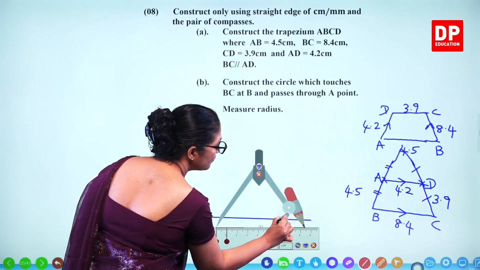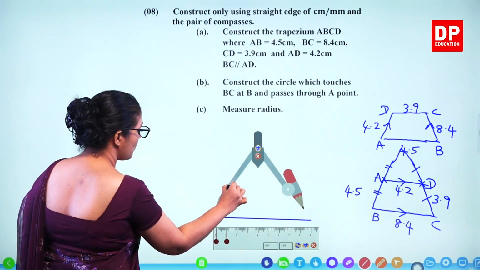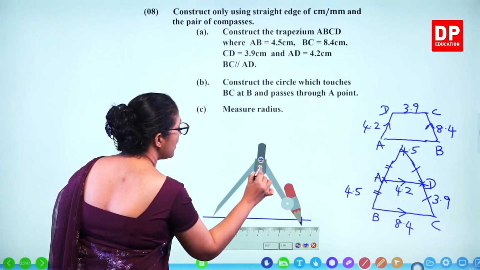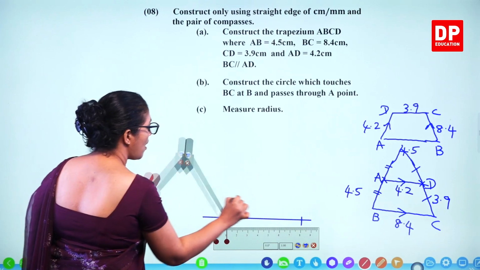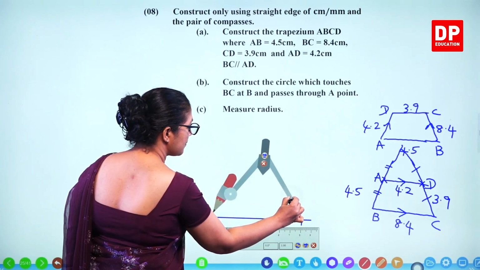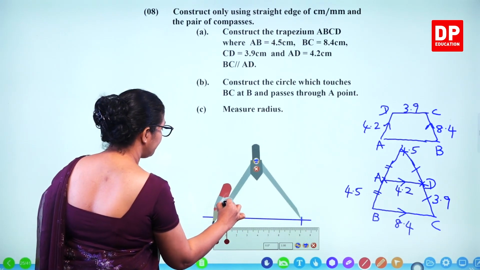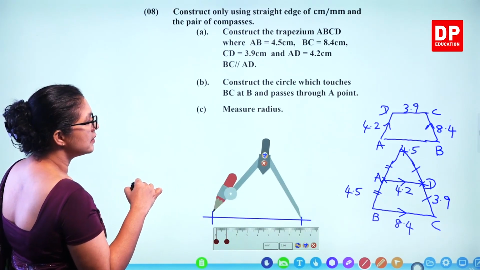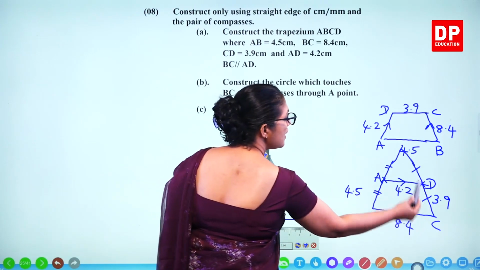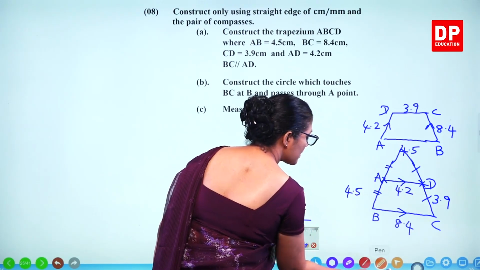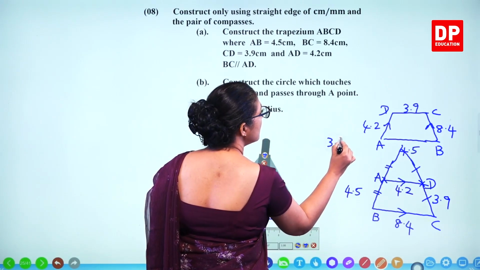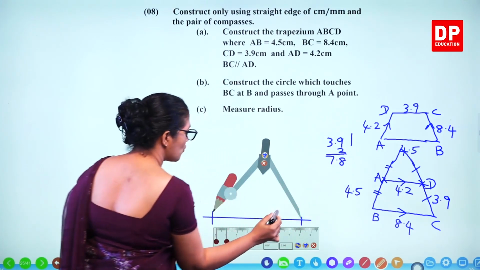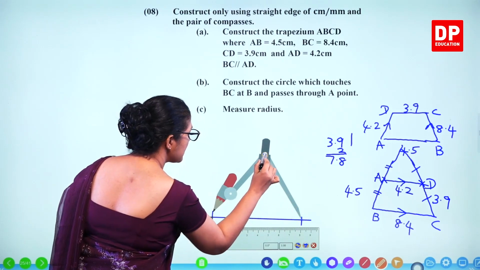Here you can keep it on top of this and mark the AB length first. Then what you do? Then you can mark 3.9. What's the double of that? 7.8. So you take 7.8.